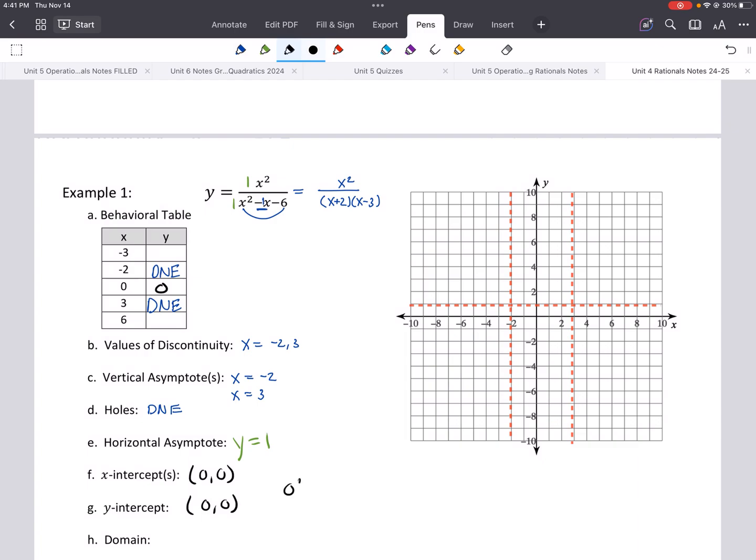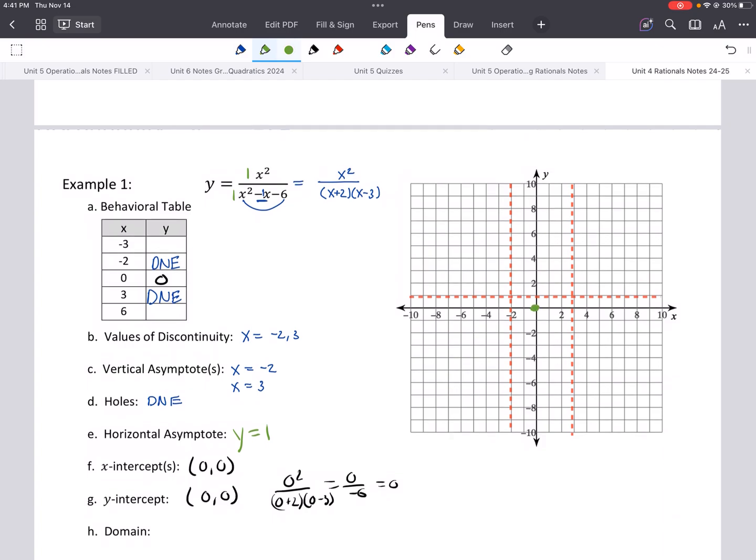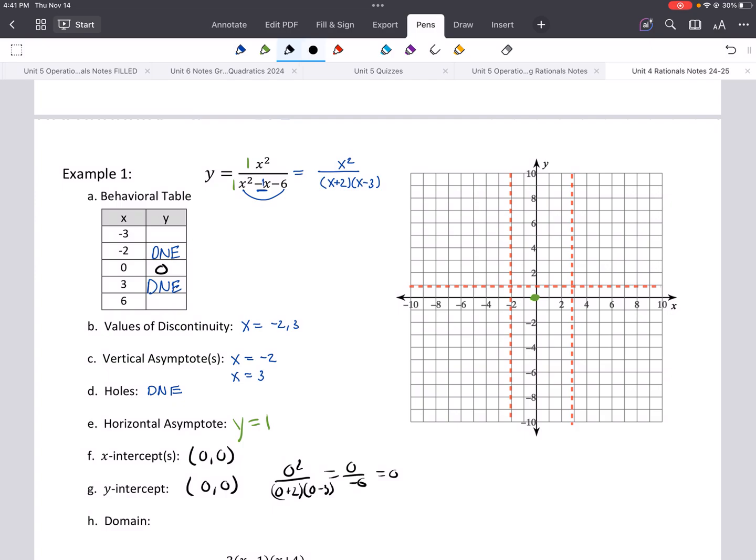We'd get 0 squared over (0 plus 2) times (0 minus 3), so 0 over negative 6, or 0. And so we'll plot that there, (0, 0). And the domain goes from negative infinity to negative 2, negative 2 to 3, and then 3 to infinity.